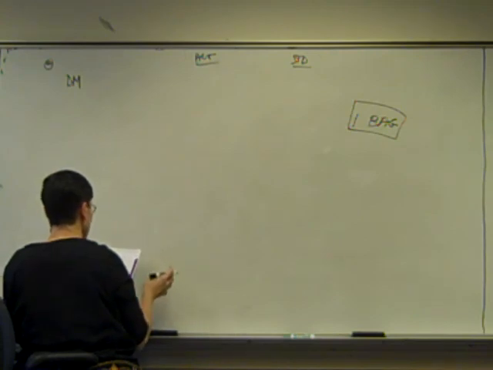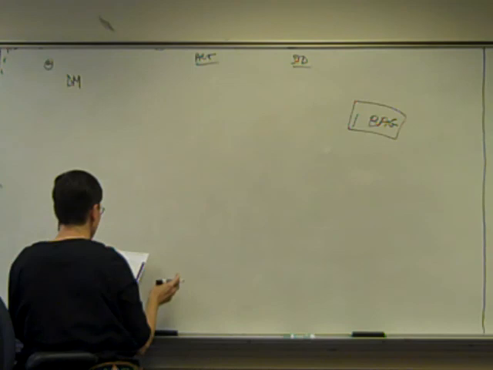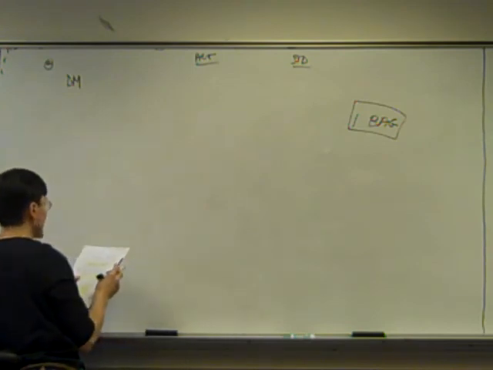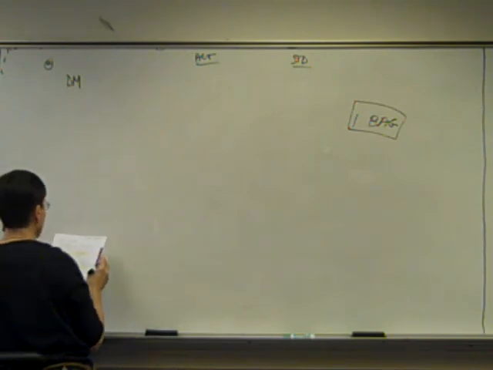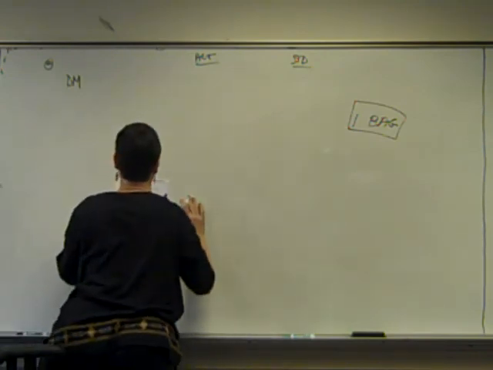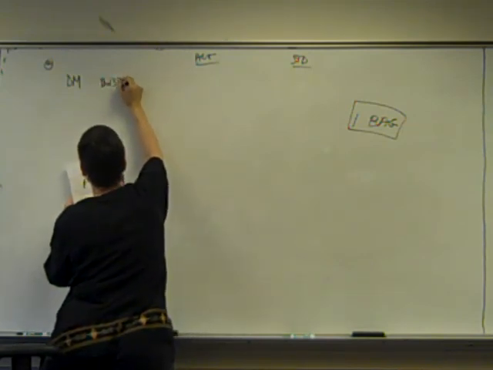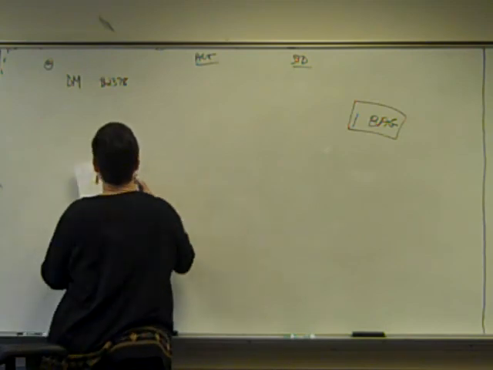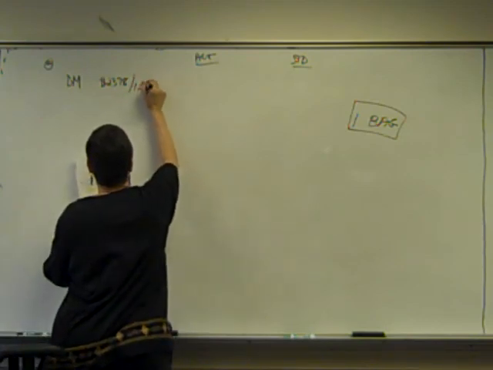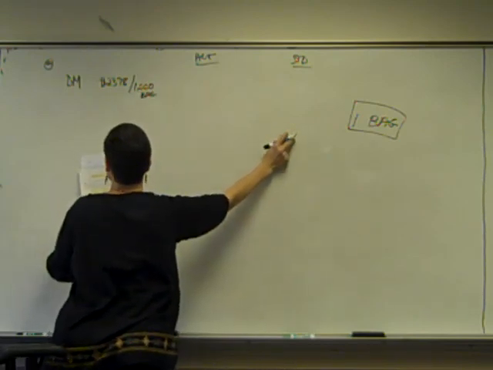So for our direct materials, we purchased 8,300 pounds at $23.78. Okay, and what we are looking at is these are the costs for a 1,000 bag batch, and what we want is the cost for 1 bag.